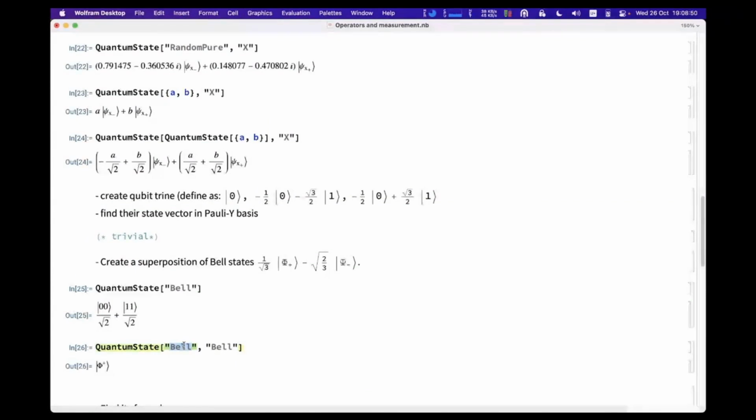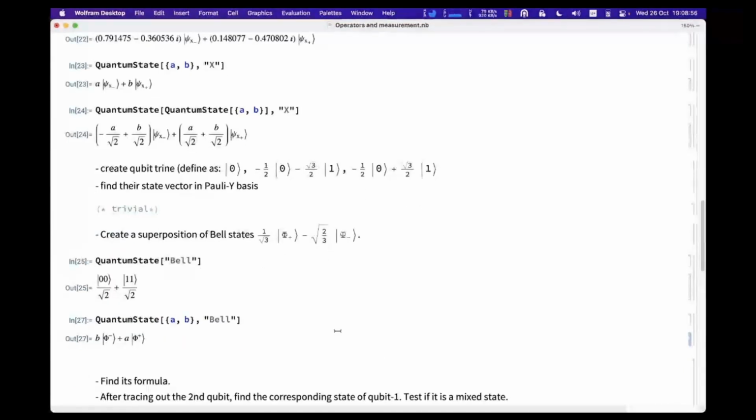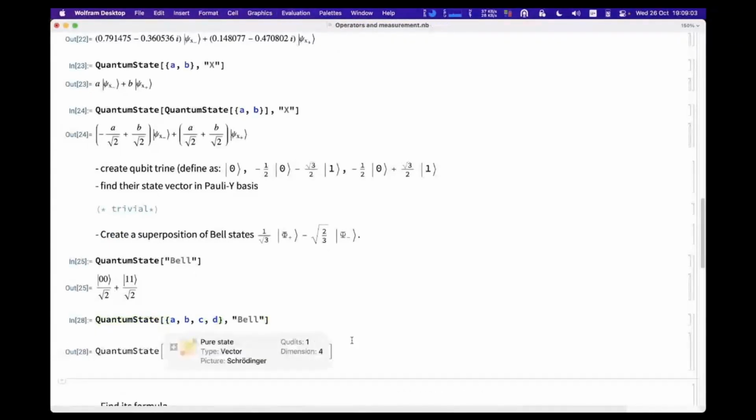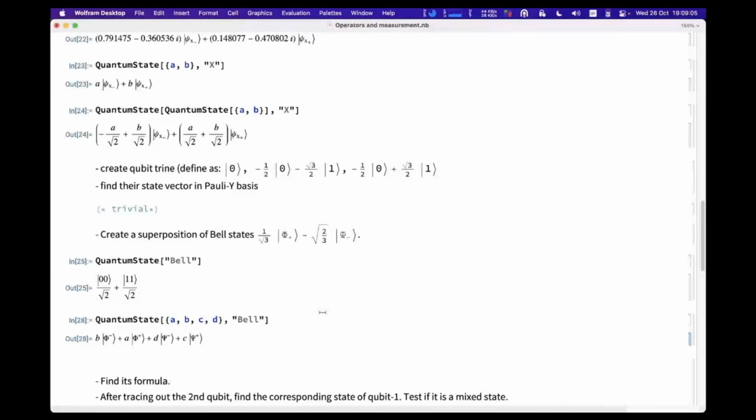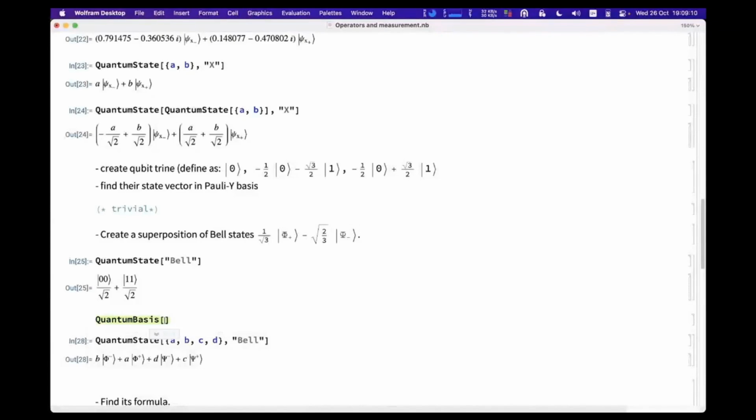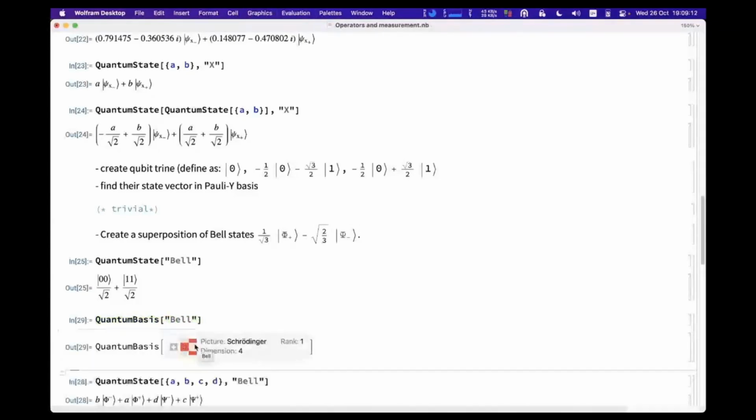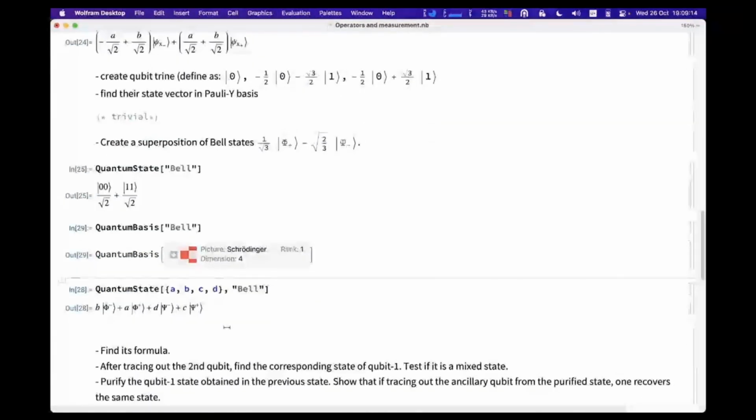Let's go with symbolic amplitudes A, B, C, D. Let's add the other two, so we show all of them together. So you see, this is the Bell state, and each one corresponds to a particular Bell state that we have. So when you want to create that particular superposition, you just need to specify the corresponding amplitude.